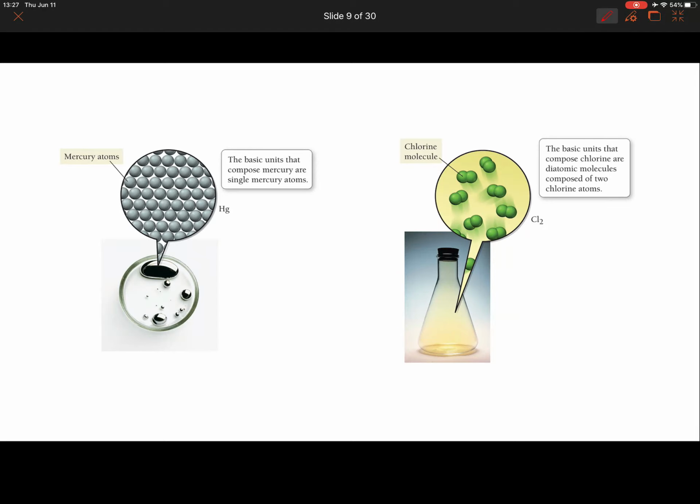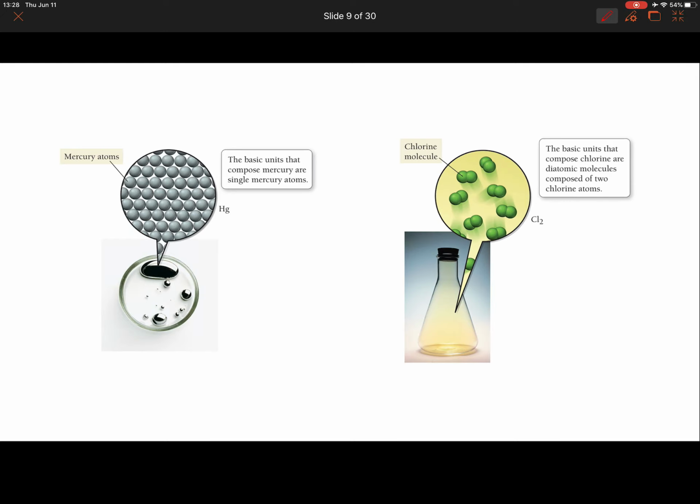So atomic elements are those that exist in nature with single atoms as their basic units. Molecular elements, and by the way, most elements fall into the atomic element category, do not exist in nature with single atoms. Instead, they exist as diatomic molecules, so two atoms of the same element bonded together. And so here you can see just a basic unit of mercury, single atoms, and then the basic unit of chlorine.